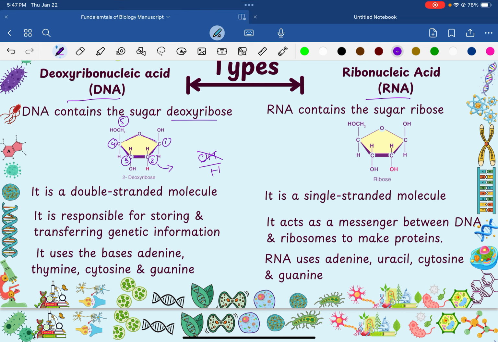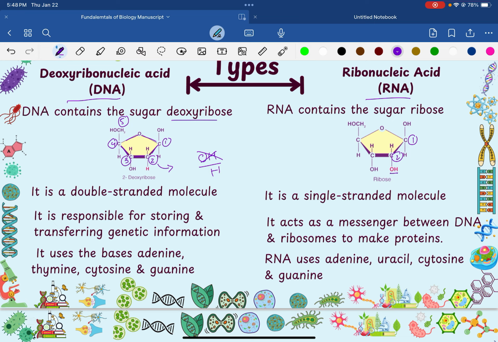While in case of ribonucleic acid, at carbon number 2, we have OH. Got it? So in DNA, we have only H at carbon number 2, and in RNA, we have OH at carbon number 2. As DNA contains one less oxygen, it is called deoxyribose.